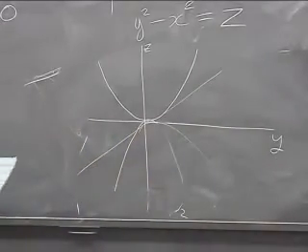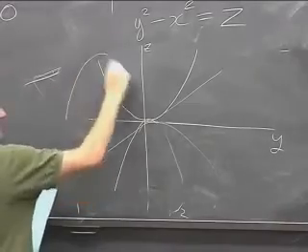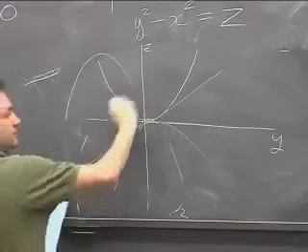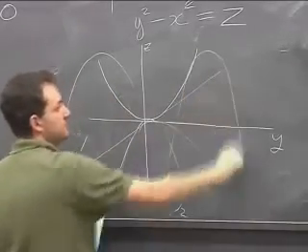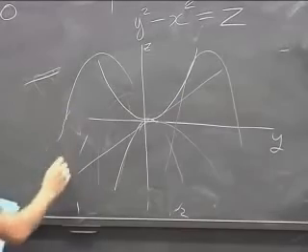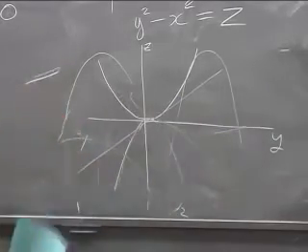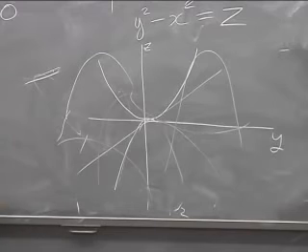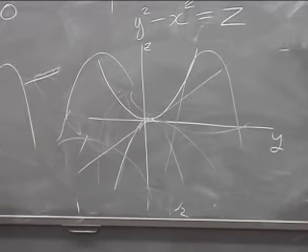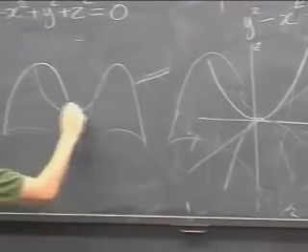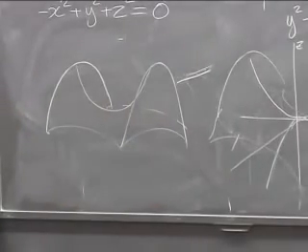And then the surface has parabolas along it that go down. But along this direction, they look like hyperbolas. So, like that, without the axes.